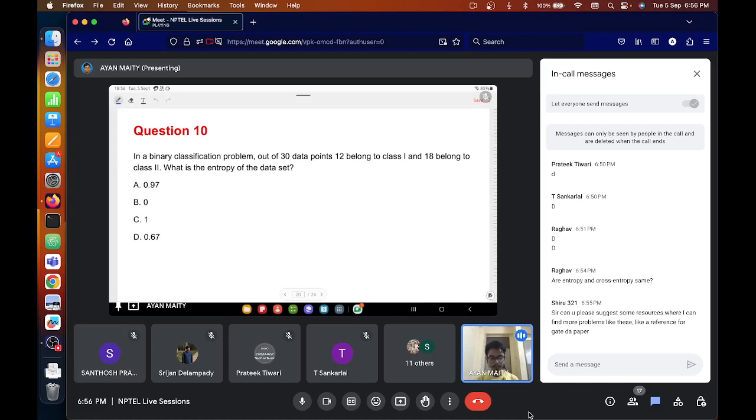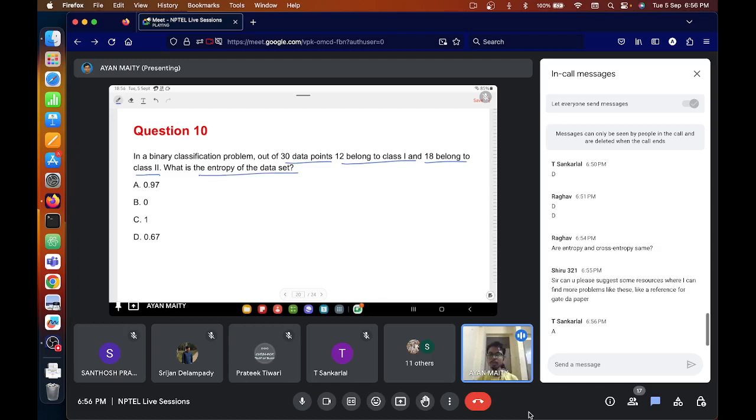Now question 10. In a binary classification problem, out of 30 data points, 12 belong to class 1 and 18 belong to class 2. What is the entropy of the dataset? So it contains 30 examples, 12 belong to class 1 and 18 belong to class 2, and you have to find the entropy of the whole dataset.